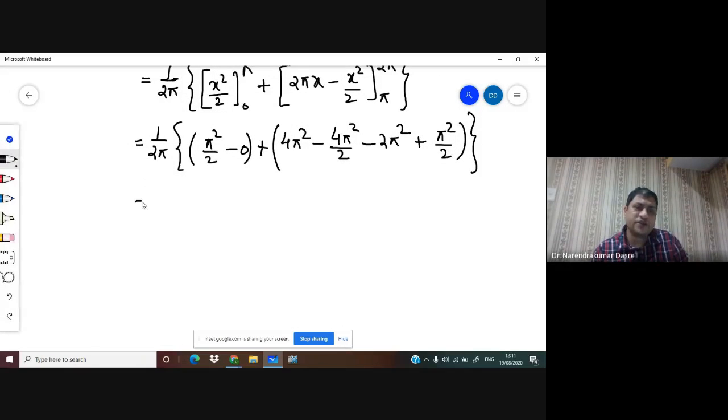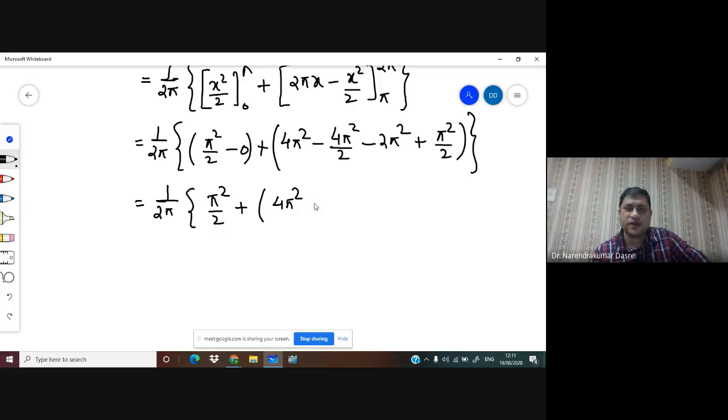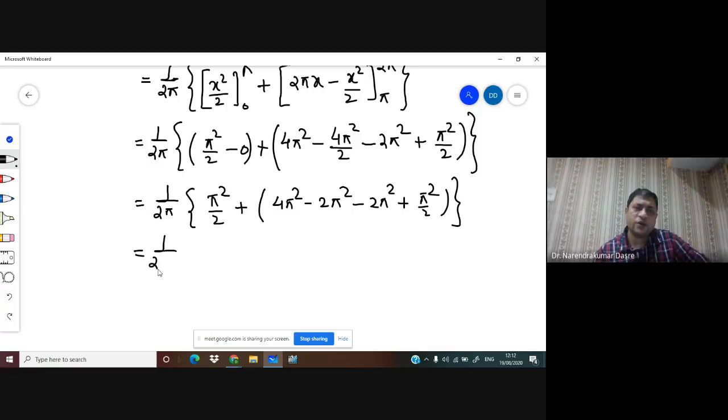Now simplify this. So 1 upon 2 pi, here I'll get pi square by 2 plus 4 pi square minus 2 pi square minus 2 pi square plus pi square by 2. And this is what we'll get: 1 upon 2 pi, so I'll be having pi square by 2.